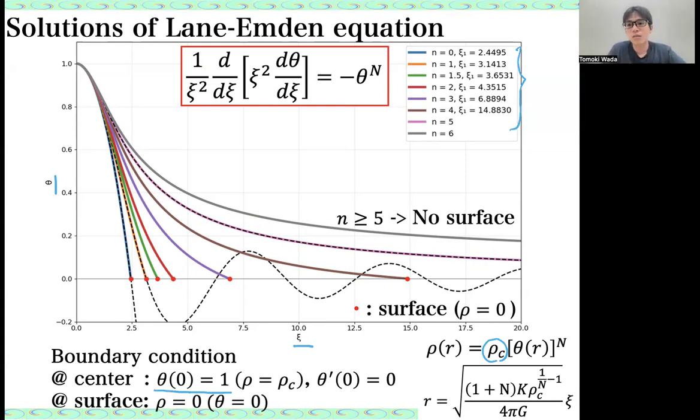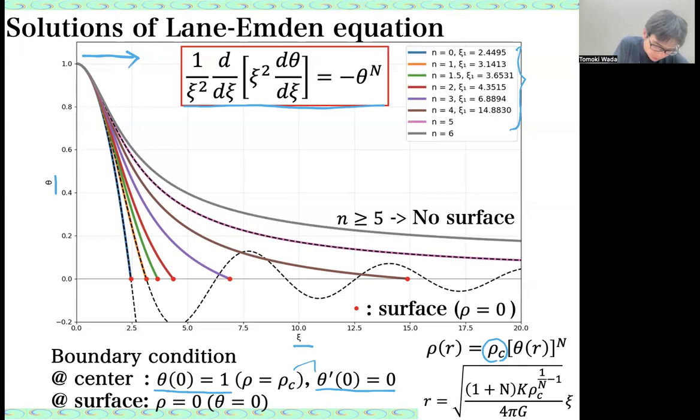And in order not to make a singularity at the center, the derivative of theta should be 0 at the center. Using these two initial conditions, we can solve this Lane-Emden equation from here outwards. And the stellar surface is defined as the radius where density equals 0.